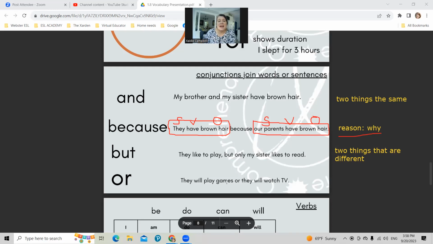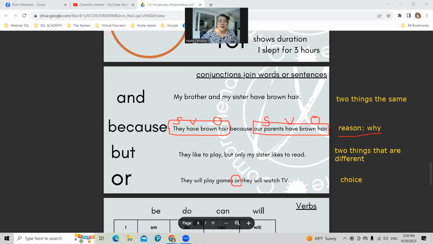They will play games or they will watch TV. Or gives us a choice. Two complete sentences. They will play games. They will watch TV. Two complete sentences. But we're showing a relationship here.